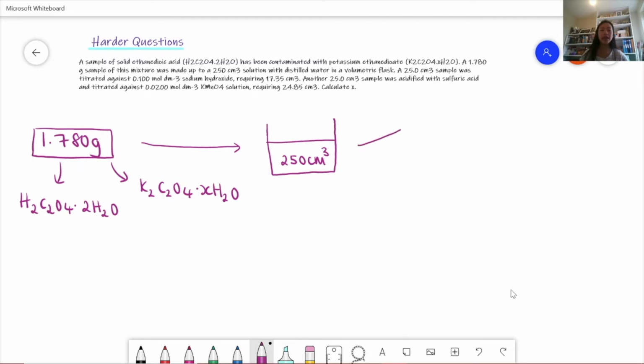And then we take a 25 centimeters cubed sample and we titrate it with some sodium hydroxide. So we used 17.35 centimeters cubed, and the concentration was 0.100.